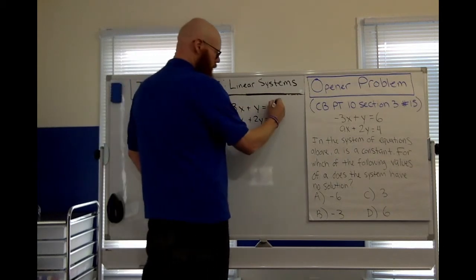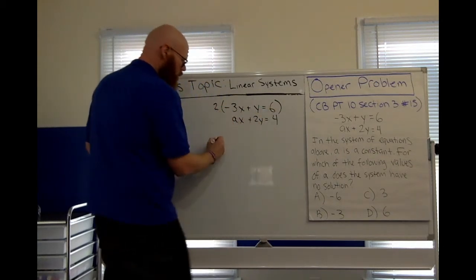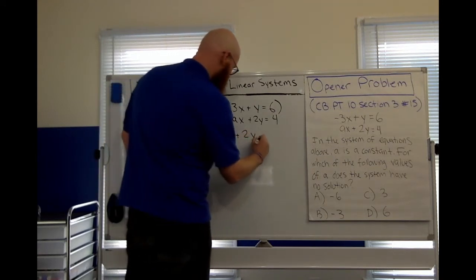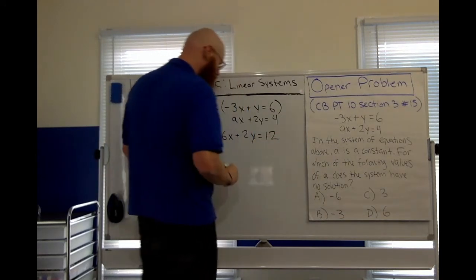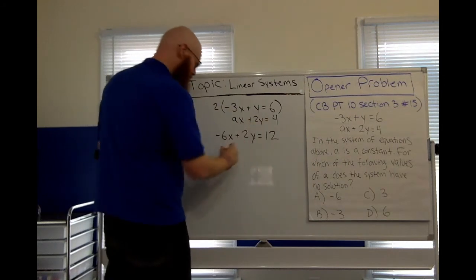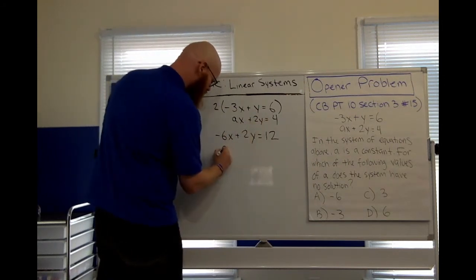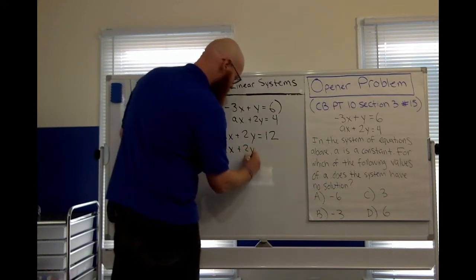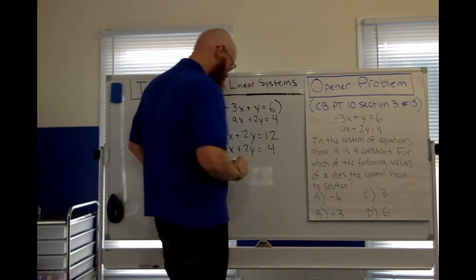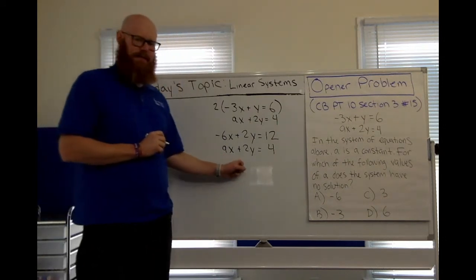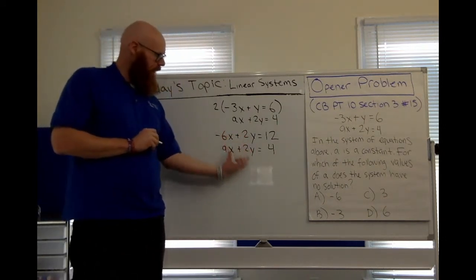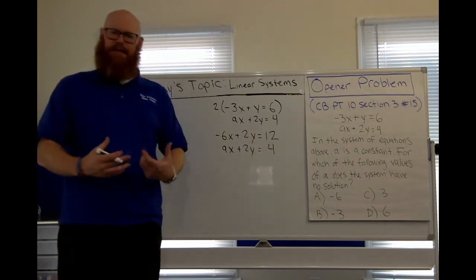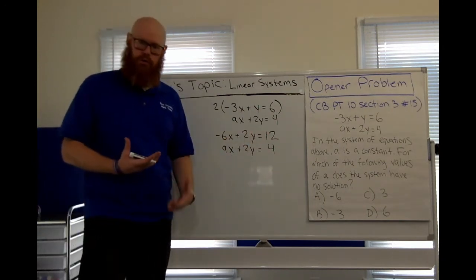What I'm going to do is multiply the top equation by 2. So I'm going to get negative 6x plus 2y equals 12. And then I'm going to recopy the second equation because I'm not going to do anything to that. Notice, if the left sides are exactly the same but the right sides are different, that'll create this scenario where there are no solutions.